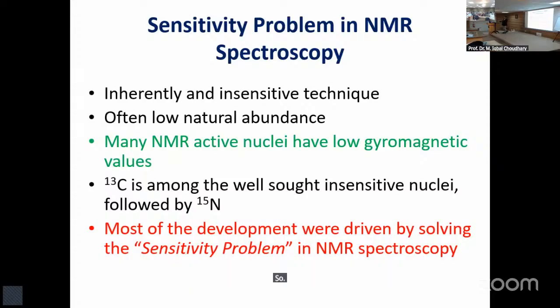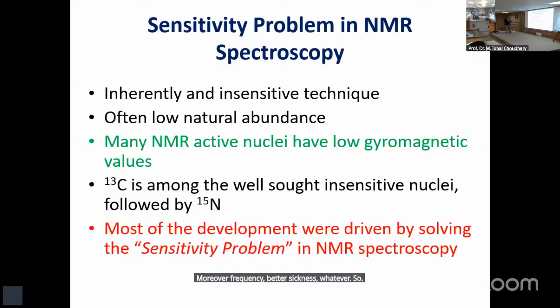So carbon has to be detected, and for that they have done lots of work to improve the sensitivity. The easiest solution was a big magnet, because a big magnet gives big energy difference, big population difference, higher frequency, better signals.